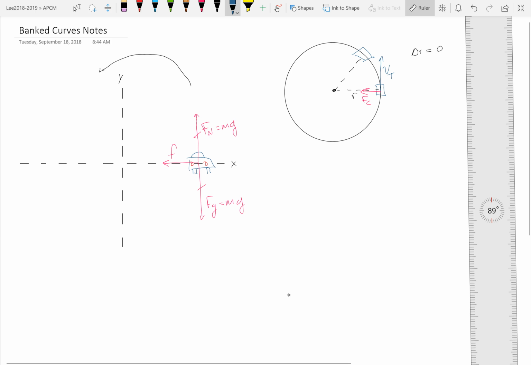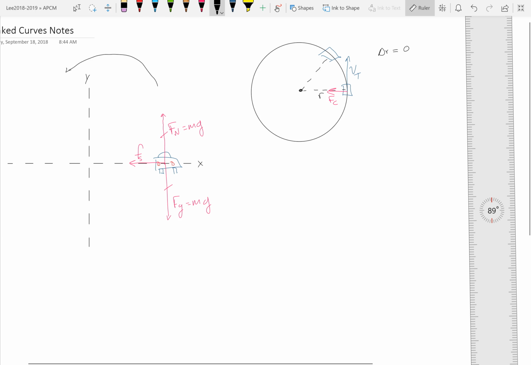So this frictional force is a static frictional force, F sub s, back to the profile view. Last time we said that if the change in radial distance from the center is 0, meaning it has a constant radius as it goes around, then that frictional force is Fs.